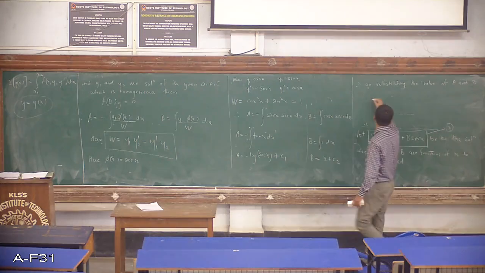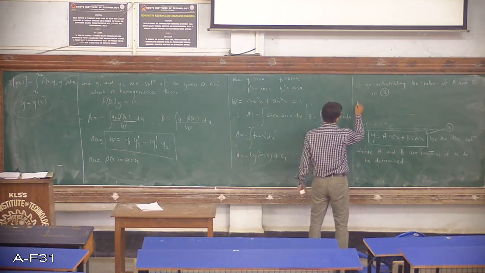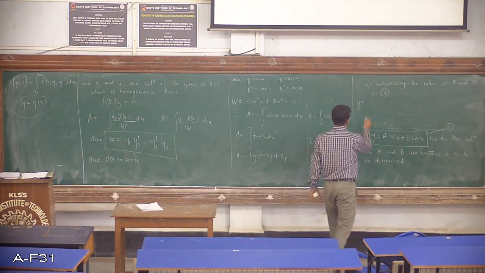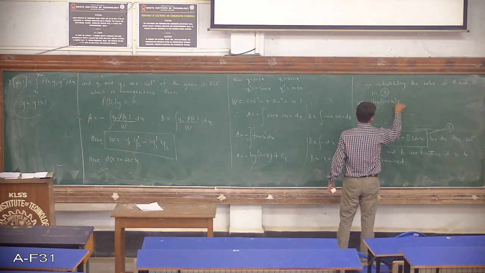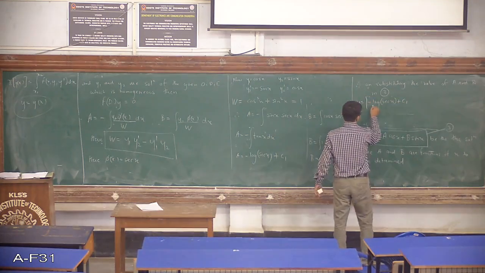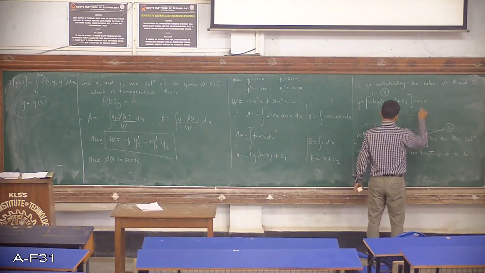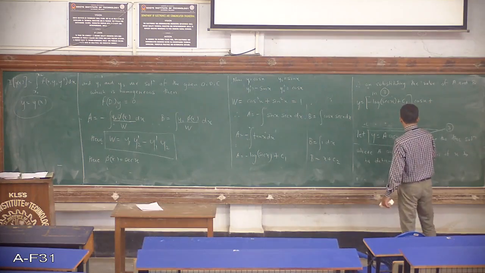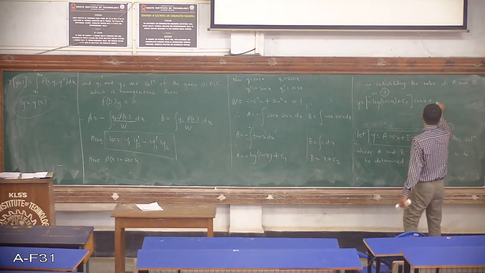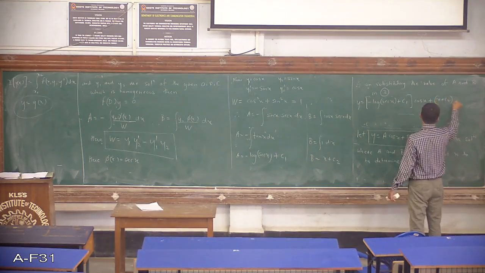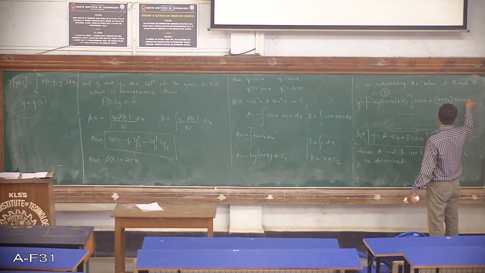On substituting the value of a and b in 3, here y is equal to, value of a is minus log sec x plus c1, and then it is cos x, plus value of b is x plus c2, and sin x.